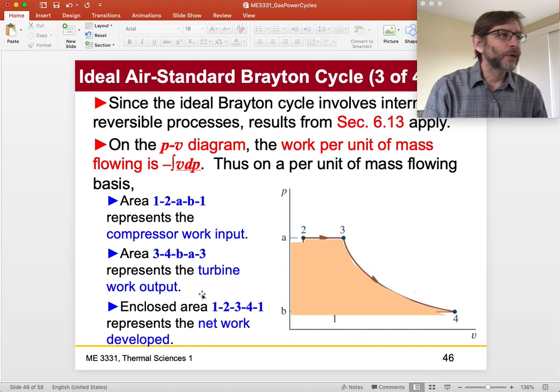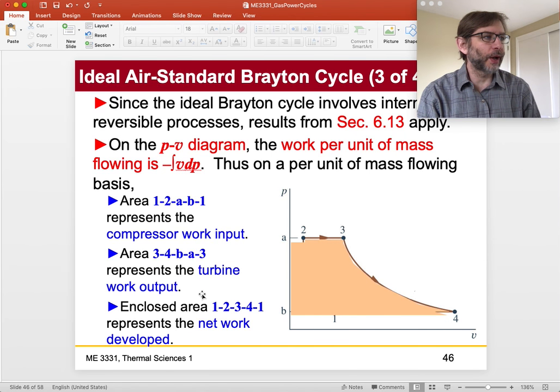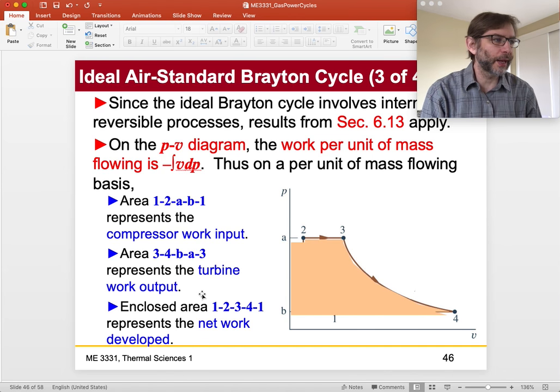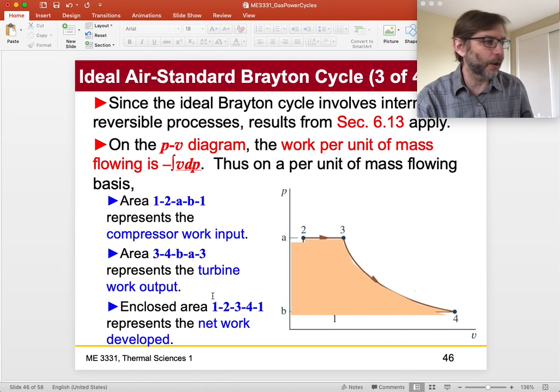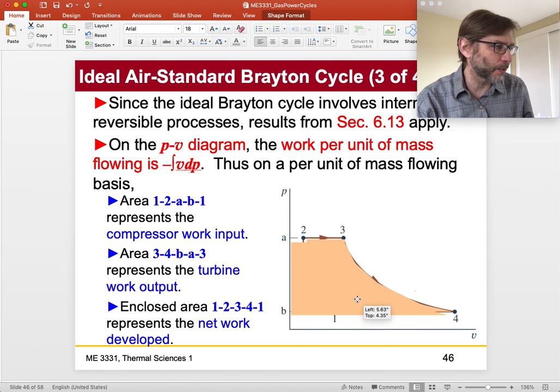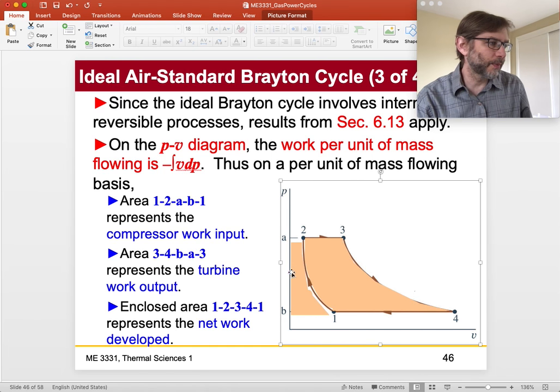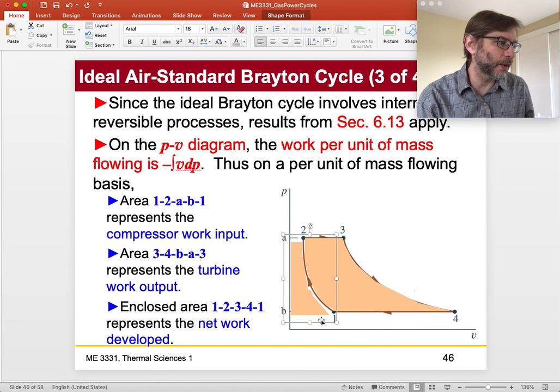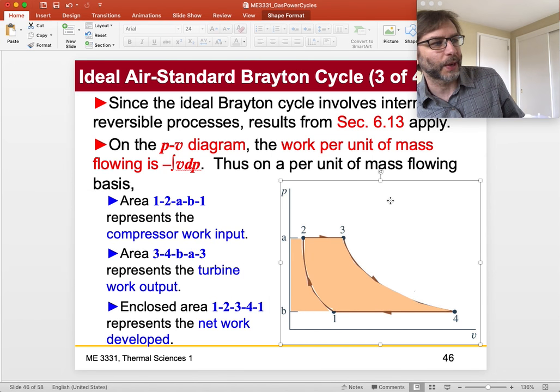Okay. Since the ideal Brayton cycle involves internally reversible processes, results from chapter 6 apply. On the PV diagram, per unit mass, we can look and see that the area under the curve is the work, and the net work is this area here, with this area here subtracted out. So they made a little drawing here, so that's better.